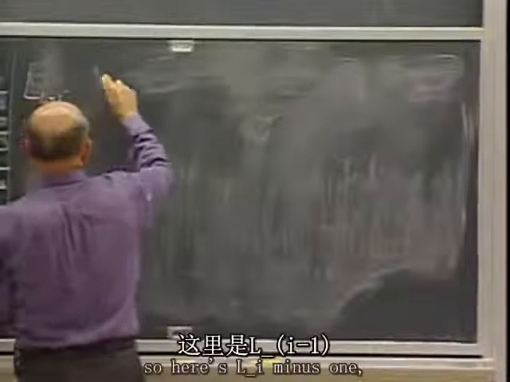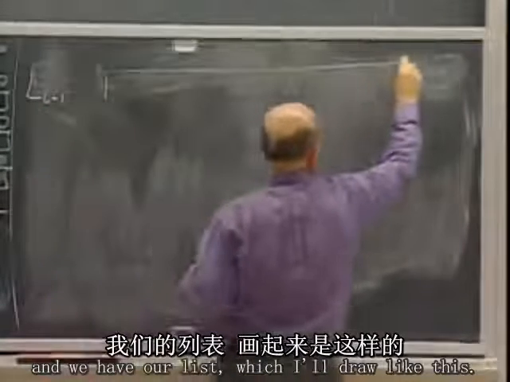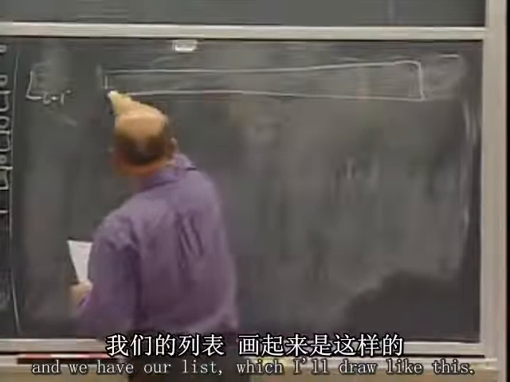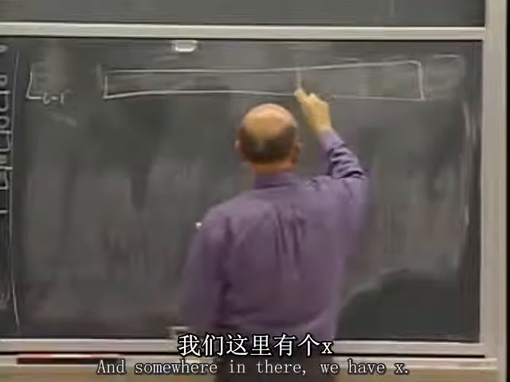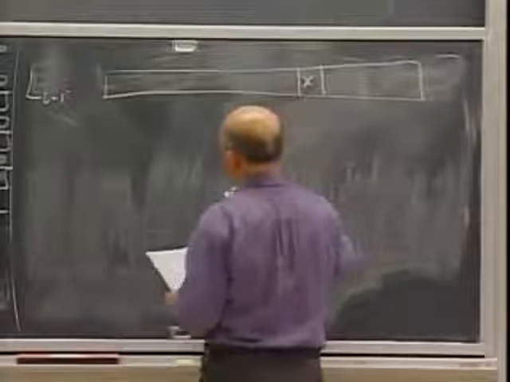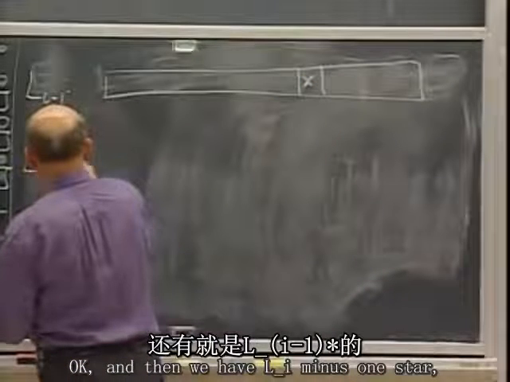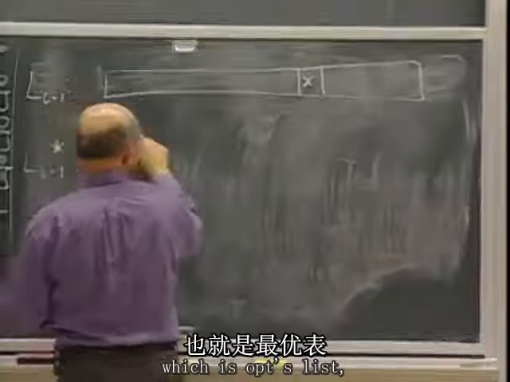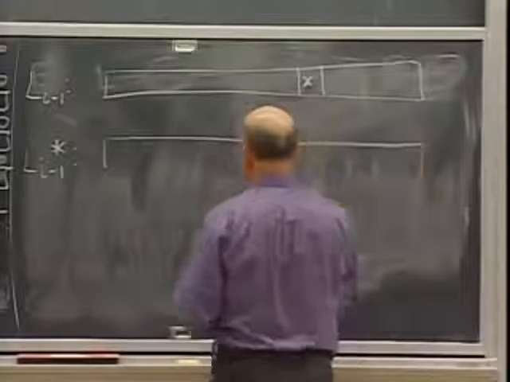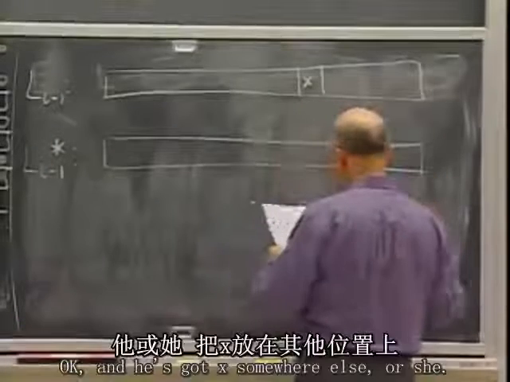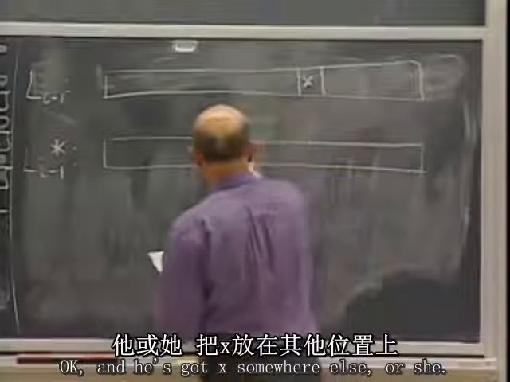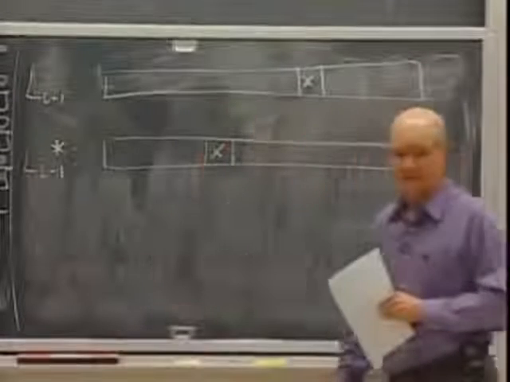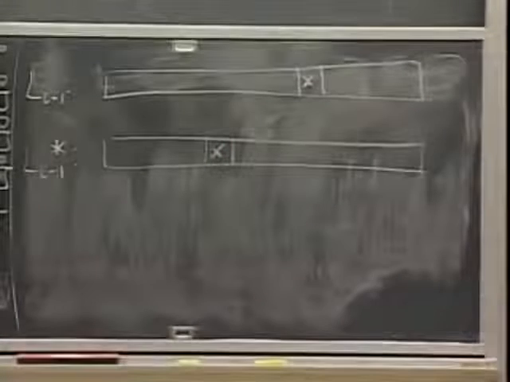Here is L sub i minus 1, and we have our list, which I'll draw like this, and somewhere in there we have X. And then we have L sub i minus 1 star, which is OPT's list, and it has X somewhere else.